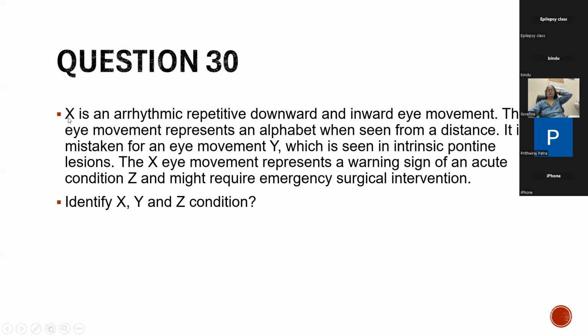X is a pseudo condition, madam. In this condition, patient will have arrhythmic repetitive downward and inward movement of the eye.